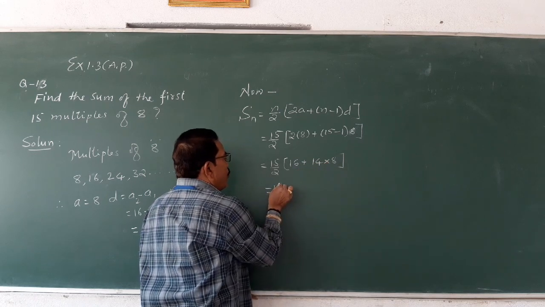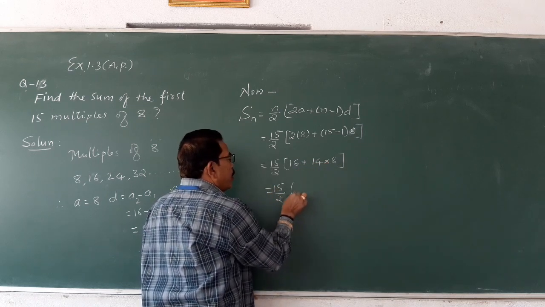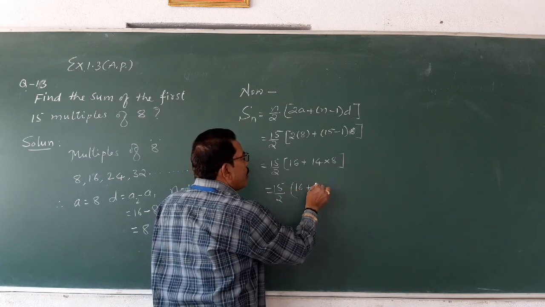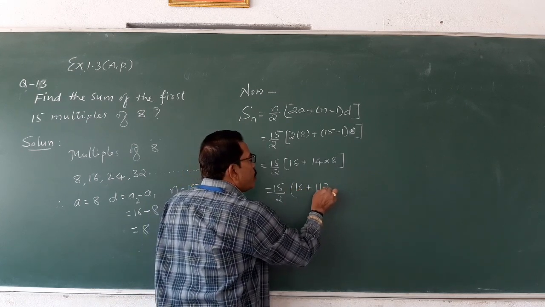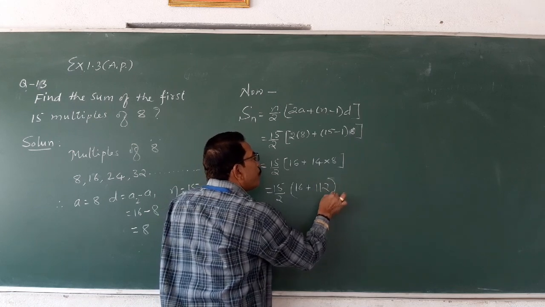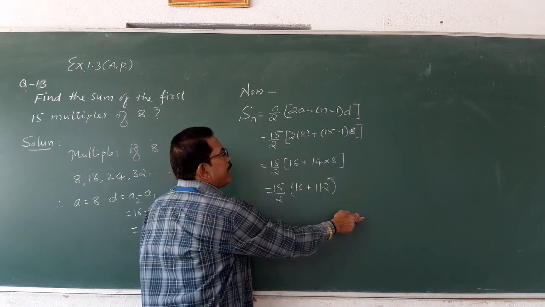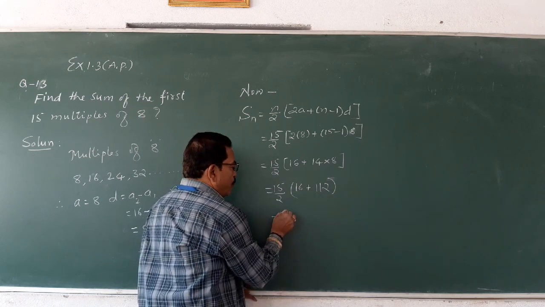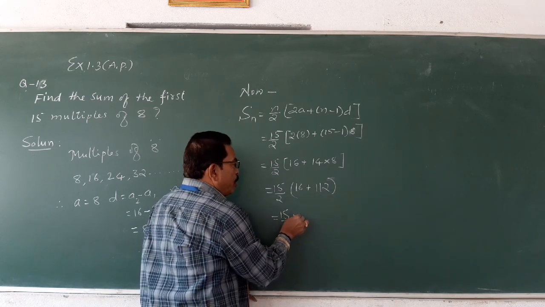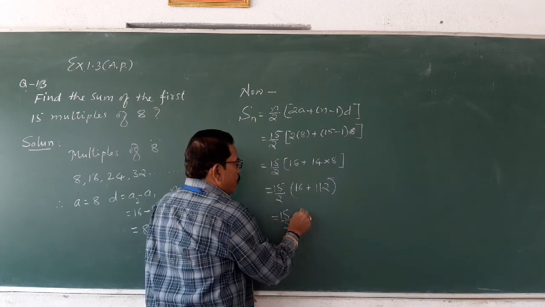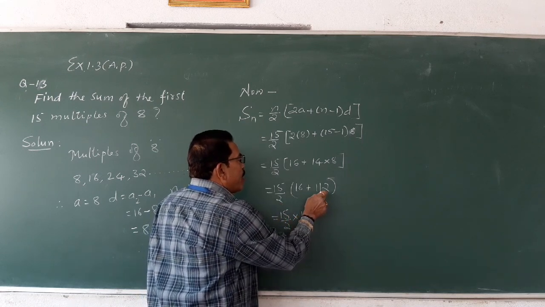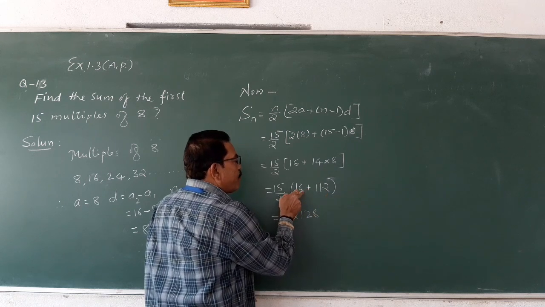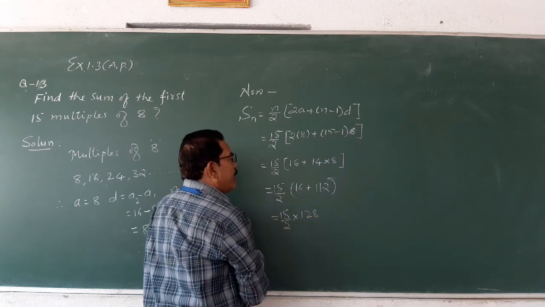So 15 by 2 in the bracket, 16 plus 112, that is 128.